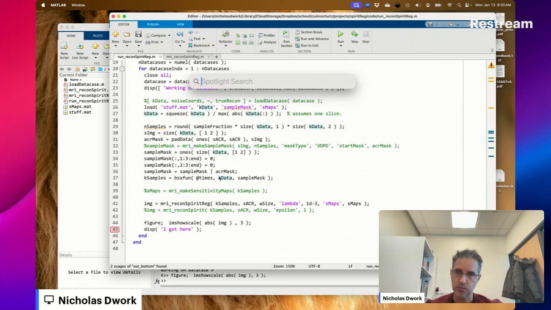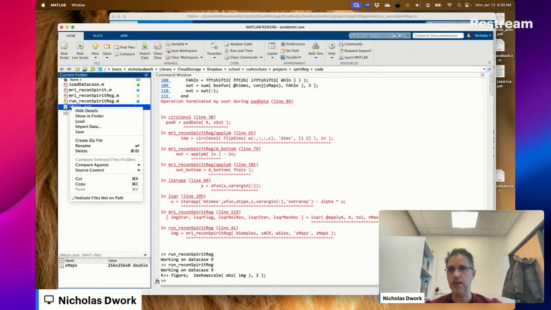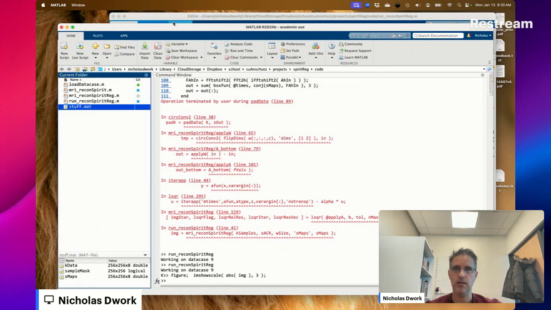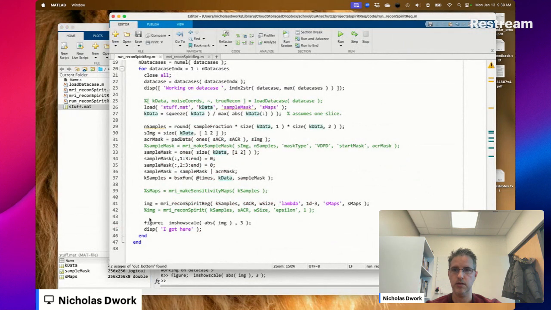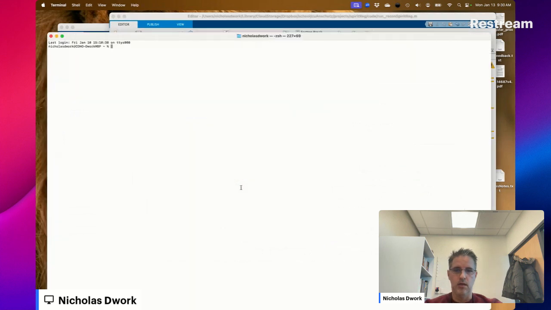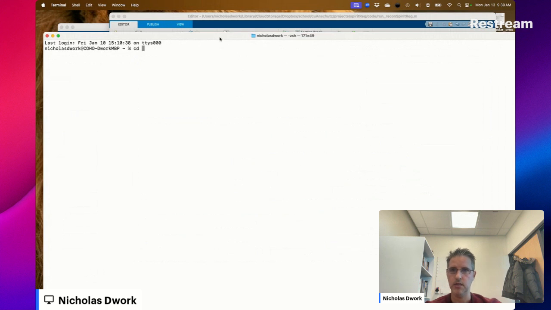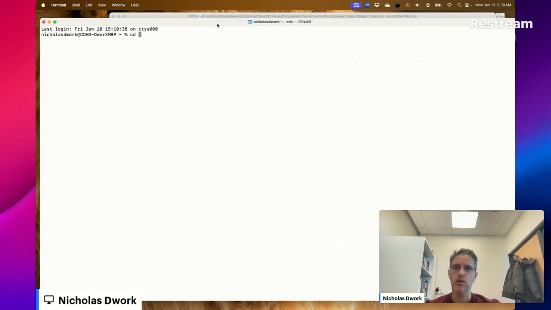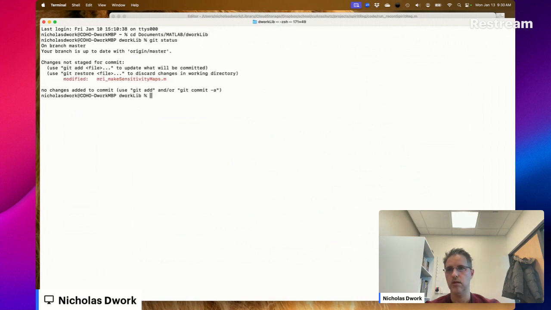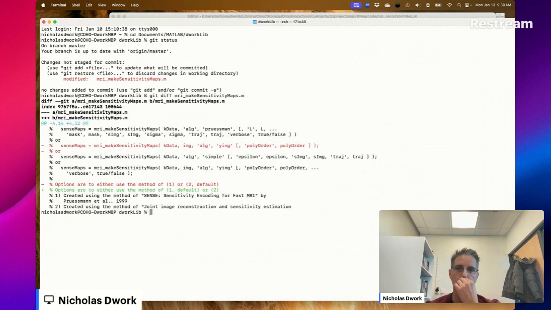Okay. We no longer need S maps. Let's check in the dwarklib files first. Right, I had this twice, and this one was actually correct, so I got rid of this.